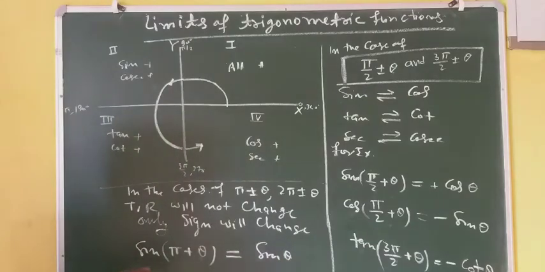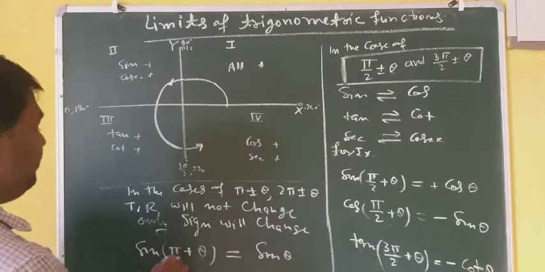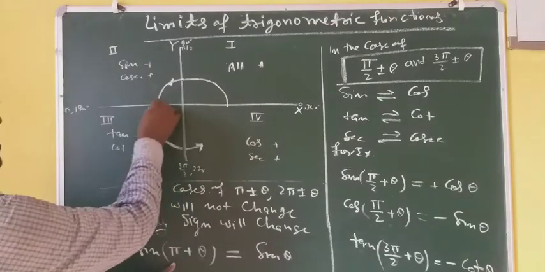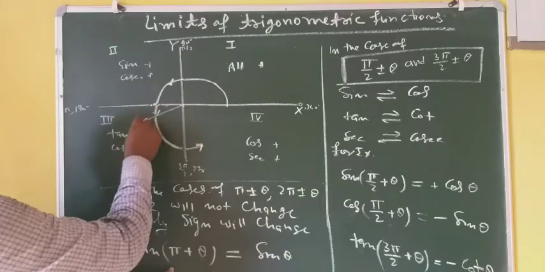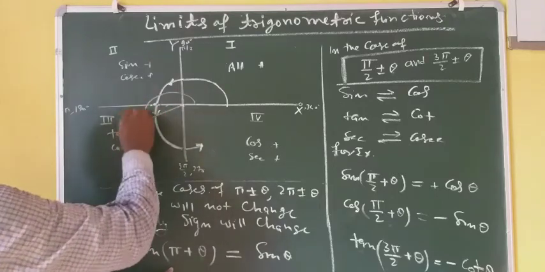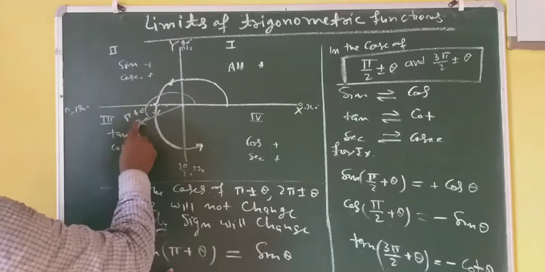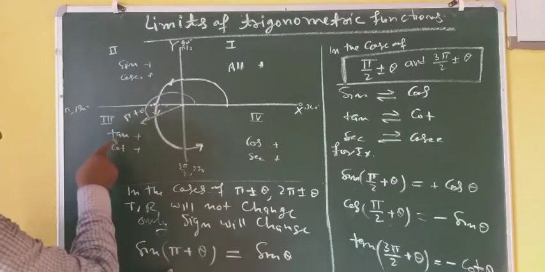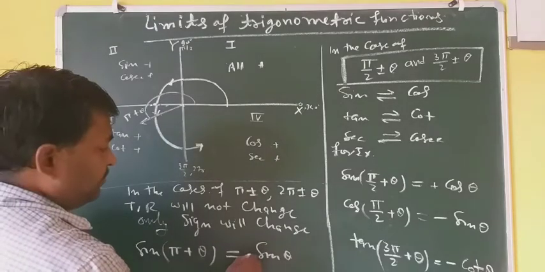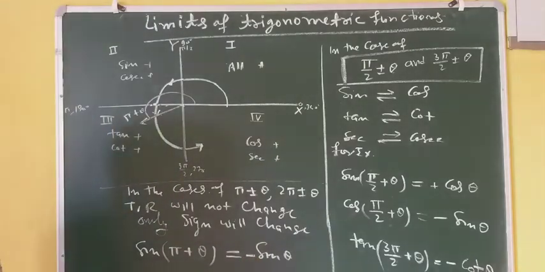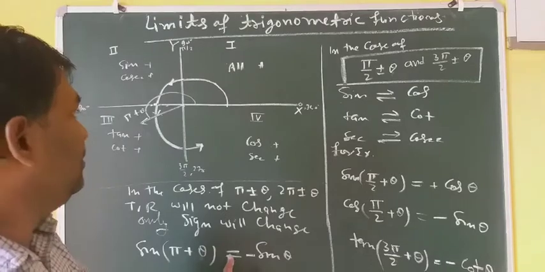Pi plus theta means you are somewhere here this time, in the third quadrant, and in the third only tan and cot are positive, that's why this sign will become negative. So minus sin theta will be your answer.